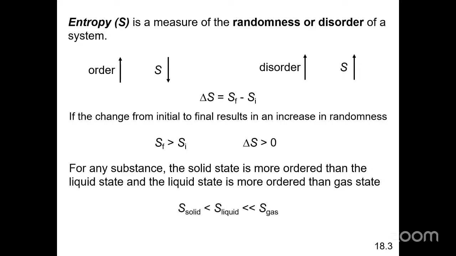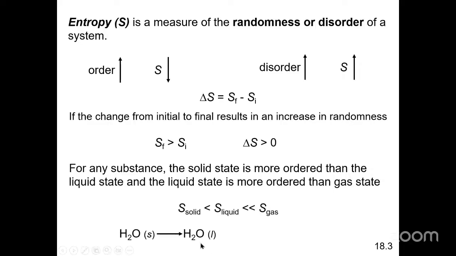So basically, this is the relationship between the entropies of anything in a solid state compared to the liquid state, compared to the gaseous state. And as I said before, these values can be measured. And when you see these values, you're going to see basically what we observe here. The entropy of the gas would be greater than the entropy of the liquid, which in turn would be greater in value than the entropy of the solid, all right?